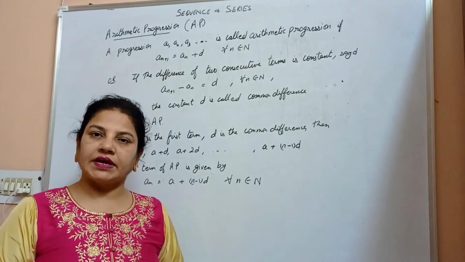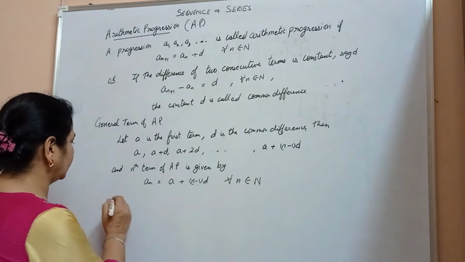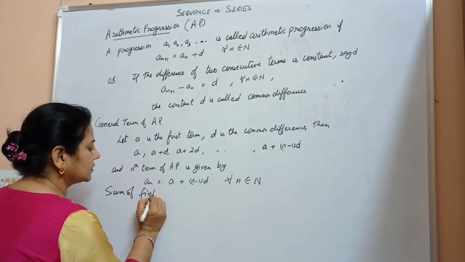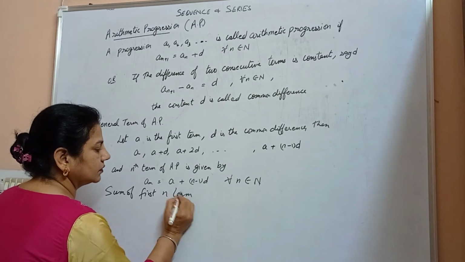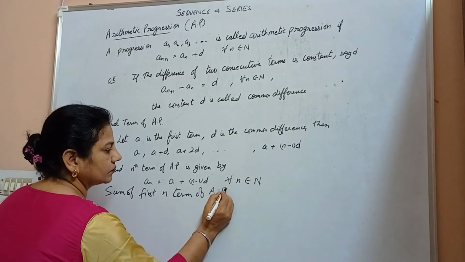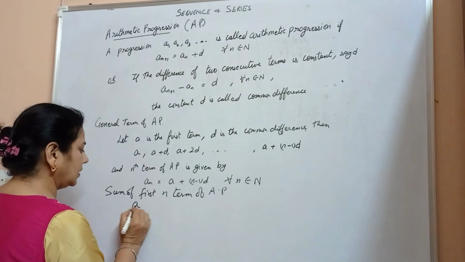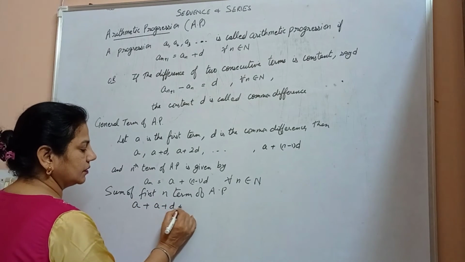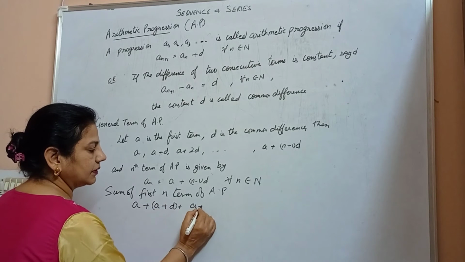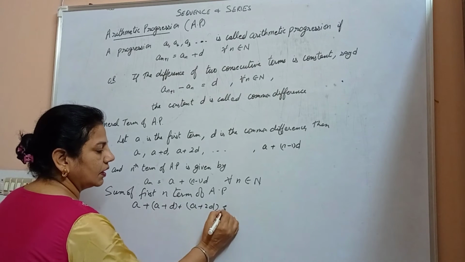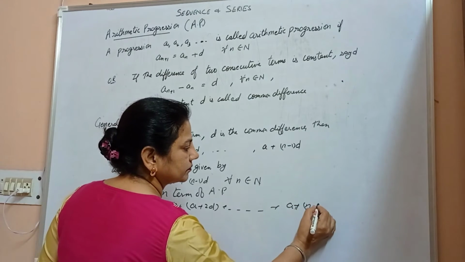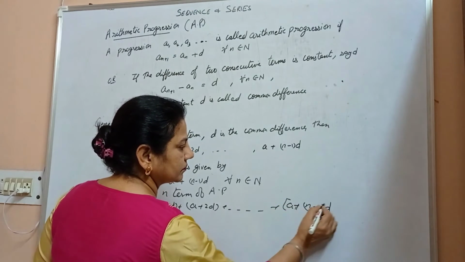The sum of first n terms of an AP. That means A, the first term, plus the second term plus the third term and so on plus the nth term.